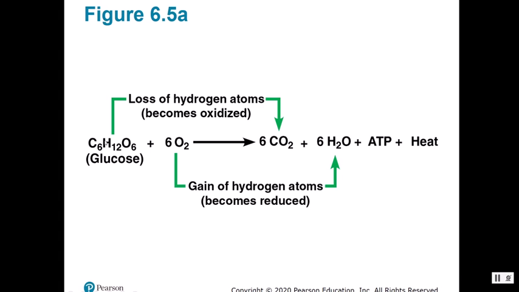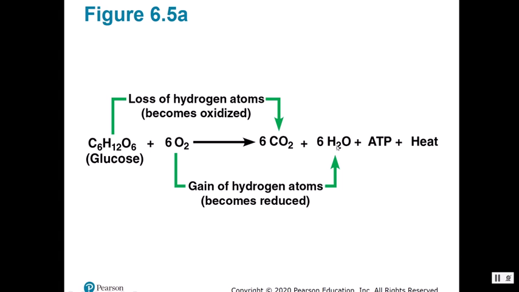If we lose these hydrogens, we're only left with carbon and oxygen. So that's why we have 6 CO2s over here. So glucose is oxidized and becomes carbon dioxide, whereas oxygen is going to gain those hydrogen electrons that glucose gave off. Oxygen is going to pick them up and become reduced to water.